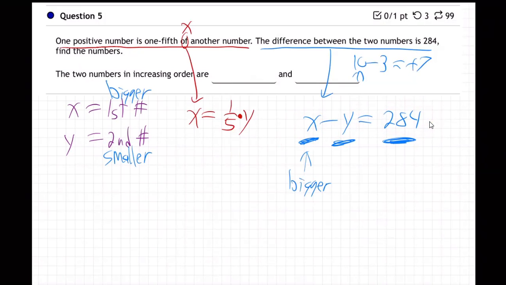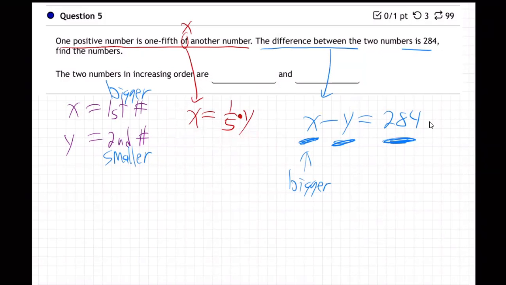So, okay, why am I making this big deal? Well, that means you need to be consistent over here, and right now we're not being. What I mean is, if x is really the bigger number, then it can't be 1/5 of the smaller number.